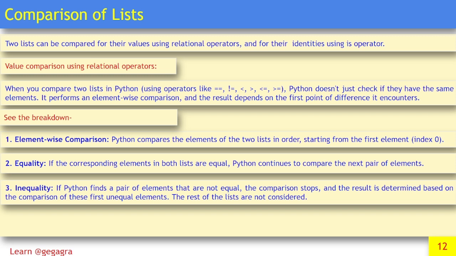Suppose all the first three values of both the lists are equal, and the difference is on the fourth element, meaning the element of list 1 at index number 3 and of list 2 at index number 3. So if there is a difference, then the result is determined by these two elements.